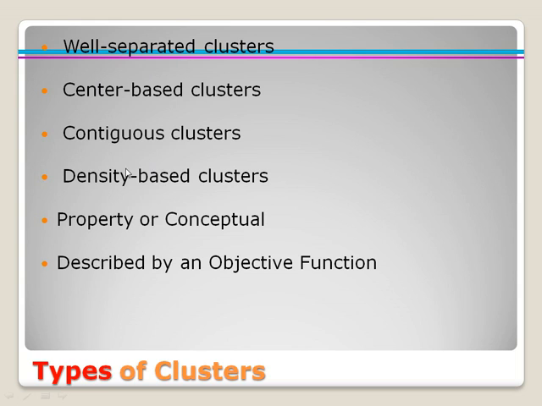Contiguous clusters, the objects also have similarity between the objects. Or density-based cluster, property or conceptual type of cluster, or described by object function. Like I will say, okay, all these points in first cluster are linearly related, the second are related in different way.